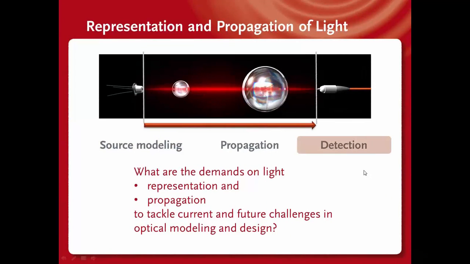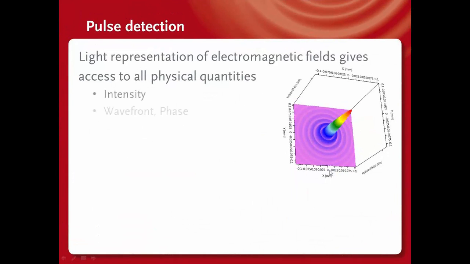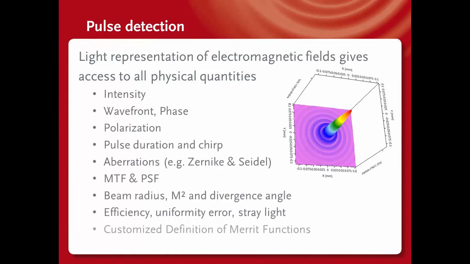So the representation by electromagnetic fields has not only an advantage for the source modeling, but it also gives you a great advantage for the light detection, because a representation of light by electromagnetic fields guarantees the access to all physical quantities.